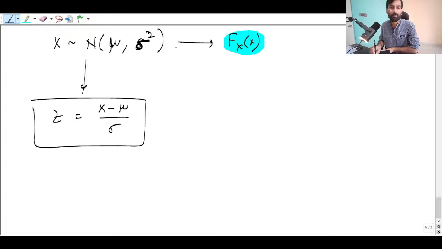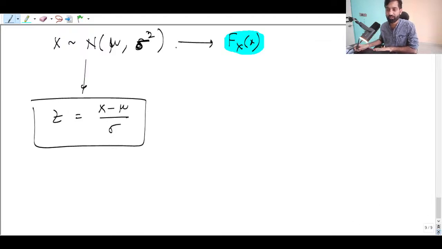Now in place of X you can put this value. Let me do some smart trick.